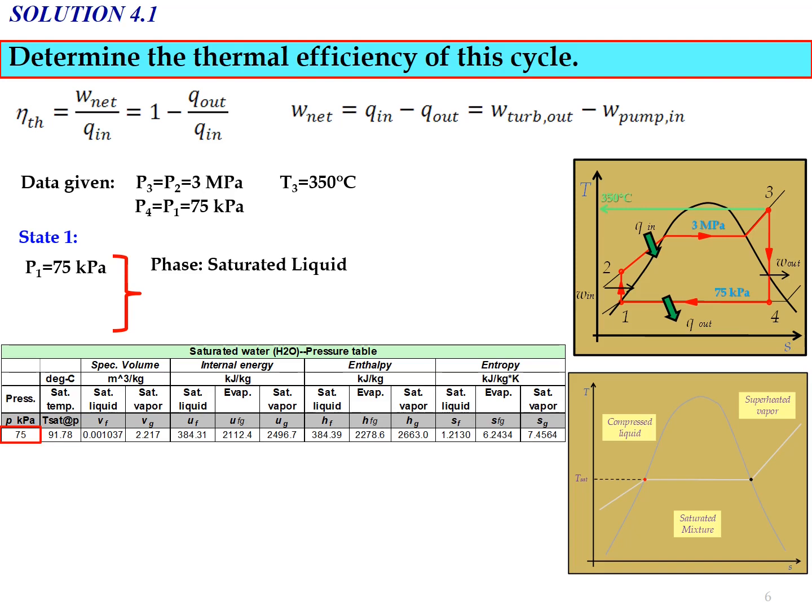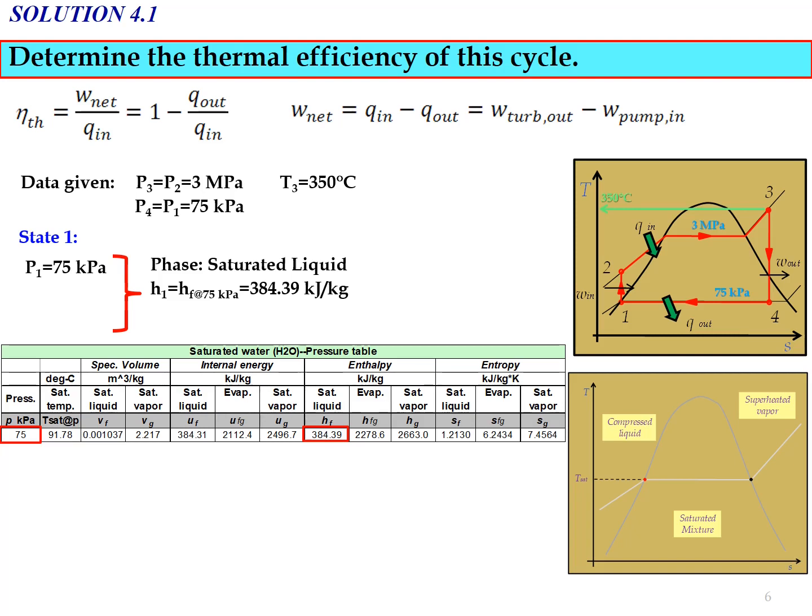By referring to the pressure P1 equal to 75 kilopascal, you can determine the value of H1, where H1 equal to Hf at 75 kilopascal. Hf represents the enthalpy value at saturated liquid. F stands for saturated liquid, G stands for saturated vapor.